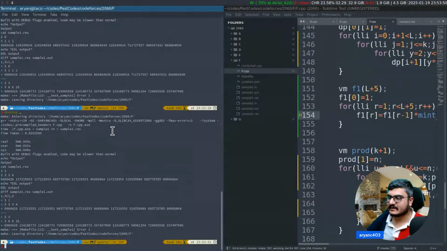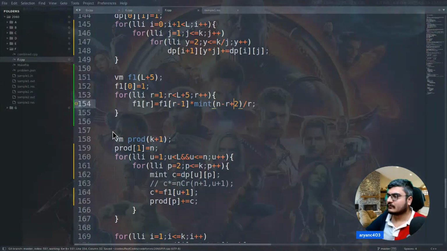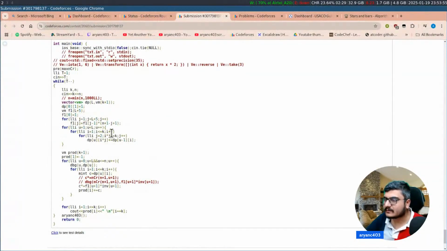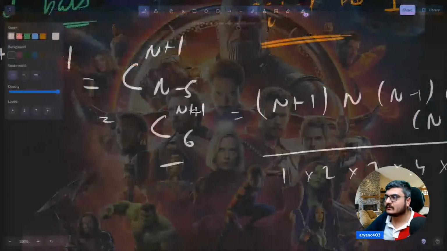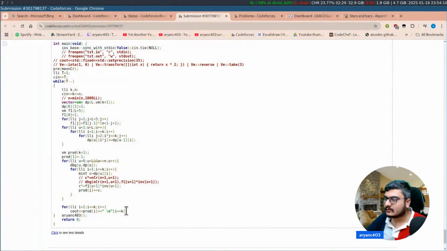So this was the main idea here. Wait one second. What am I doing? N plus 2 minus r, divided by r factorial, right? And the inverse of this only.